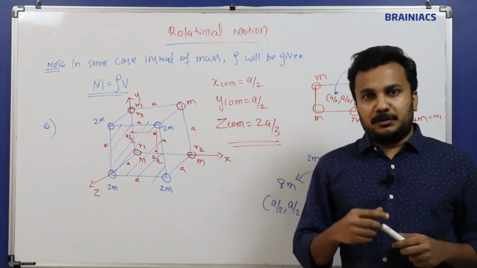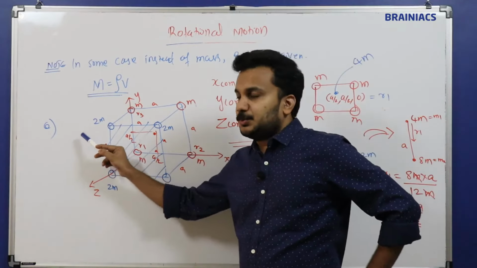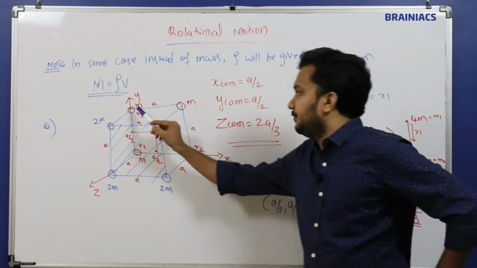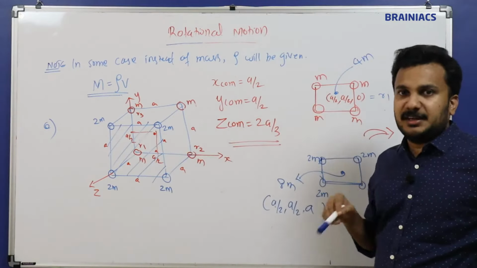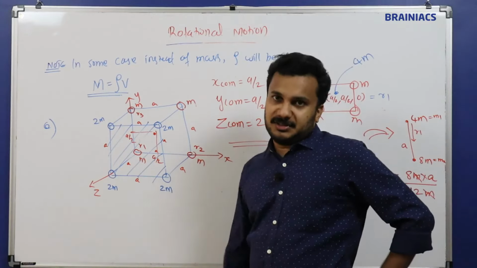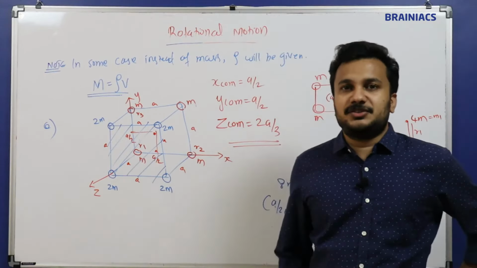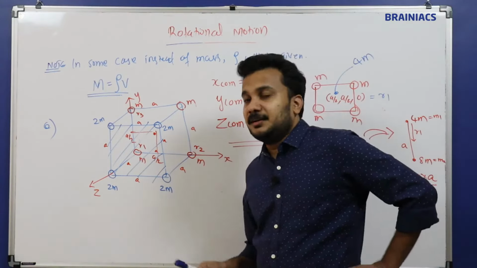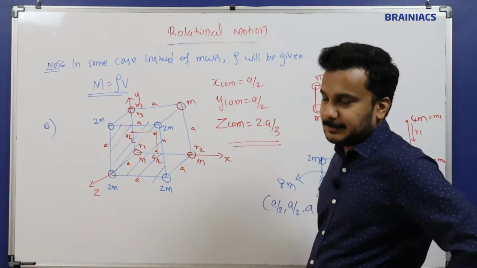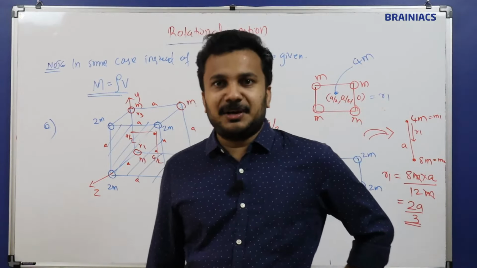Let me tell you one more thing: the masses here are equal. That's why the complete mass comes as 8m on the front side and 4m on the back side. If the masses are different, of course you cannot apply this method, but there is very little chance, less than 1% chance, that the masses are given with different values. It's a very rare case. So far I haven't seen any paper where the masses are given as different values.